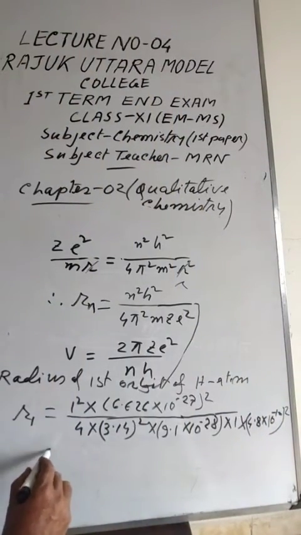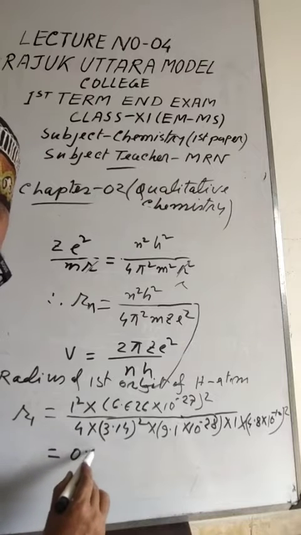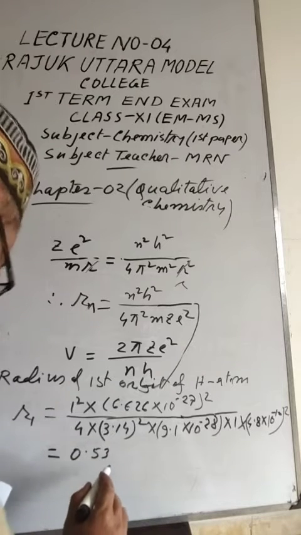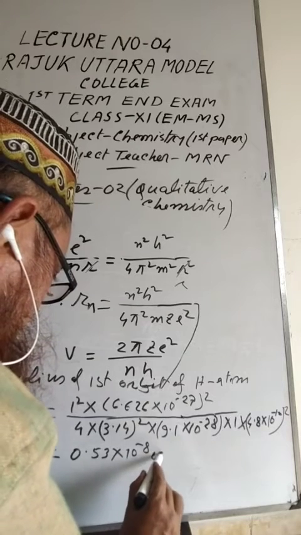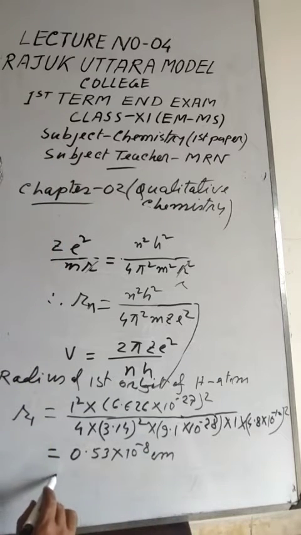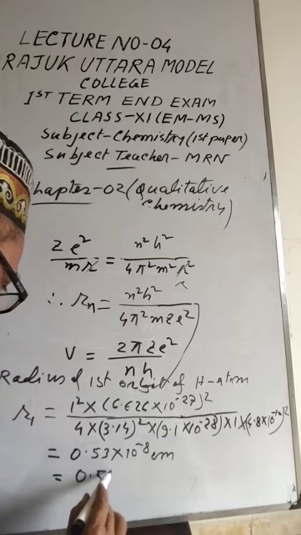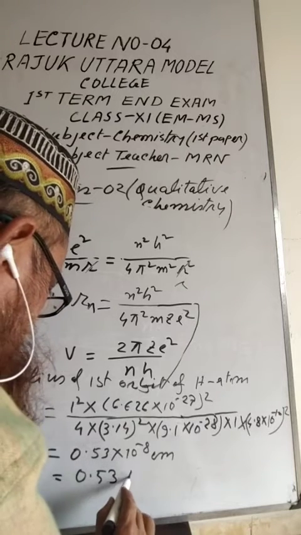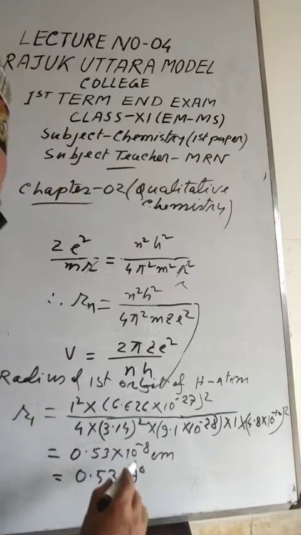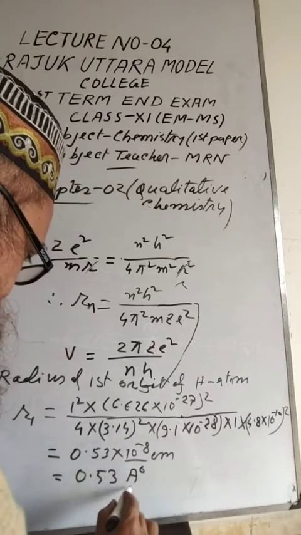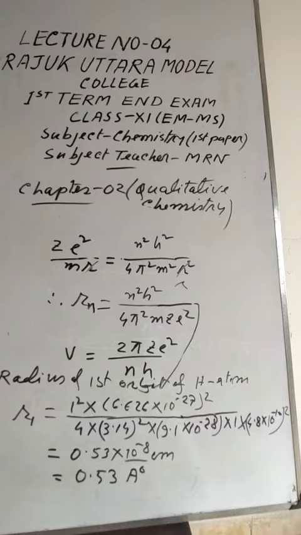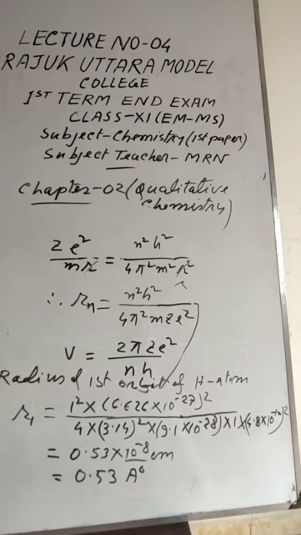Now the value we got is 0.53 into 10 to the power minus 8 centimeter, and this one is 0.53 angstrom, because we know 10 to the power minus 8 centimeter equals 1 angstrom. This one is 1 angstrom. It is the value of r in the first orbit of hydrogen.